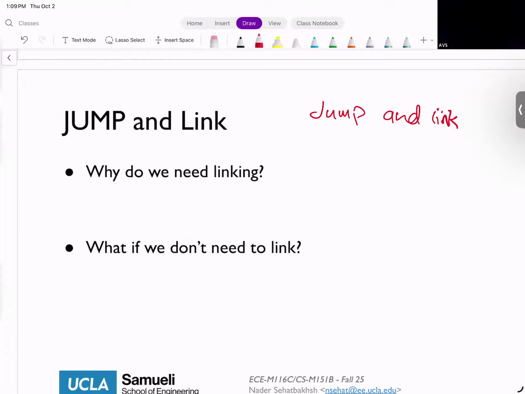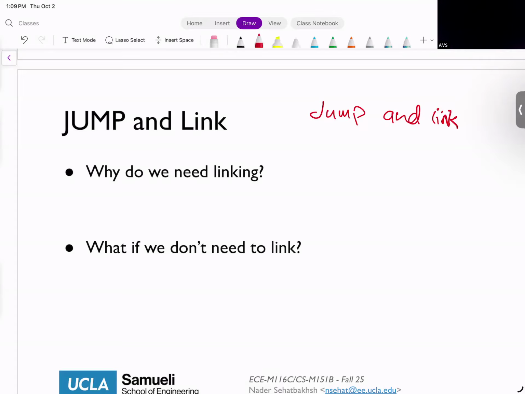The link part is remembering the current PC and storing it into the destination register. Okay? Why do I want the linking part? The linking part is useful when I want to return. Because when I want to return, I always need to go back to where I came from, right? So the link is used to remember the current PC.